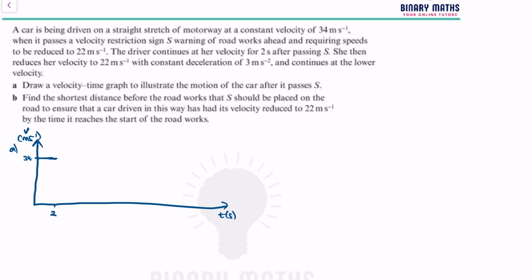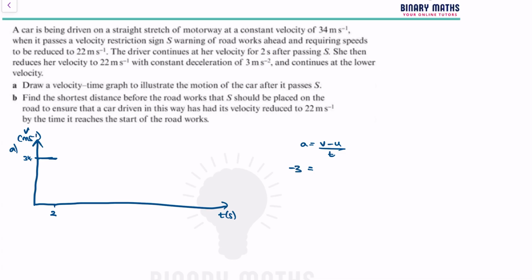After 2 seconds, she reduces her velocity to 22 meters per second with a constant deceleration of 3 meters per second squared. So if we use the formula a is equal to v minus u over t, we can work out how long it takes, because we know the speed drops from 34 to 22. The deceleration is 3, so acceleration is minus 3.